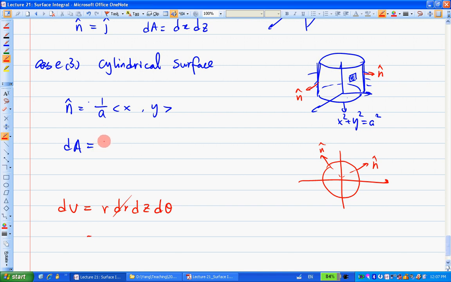So this will be simply a dz d theta. That's basically dA here. Was that clear? That's the n hat and that's the dA. Once you figure out these two key pieces of information, you plug them into the surface integral formula, and then you're ready to do the calculation. Yes, Simon.